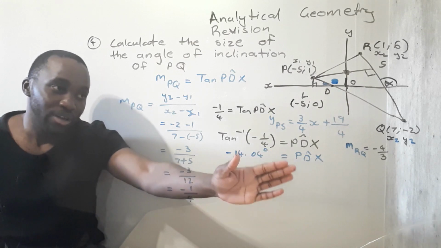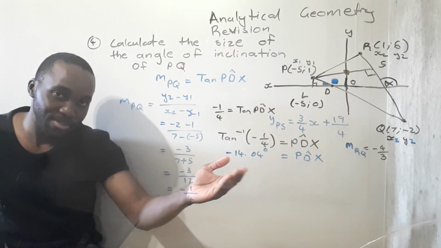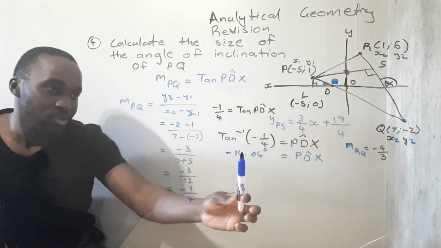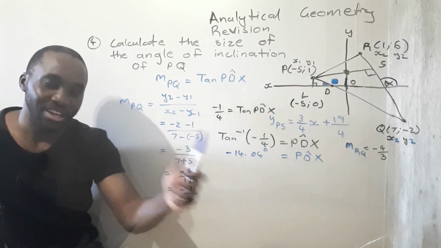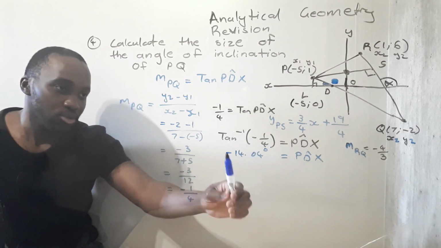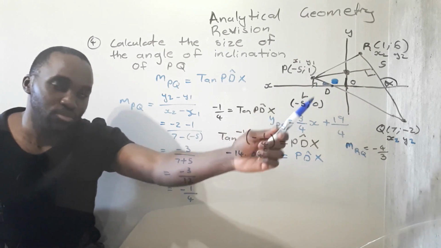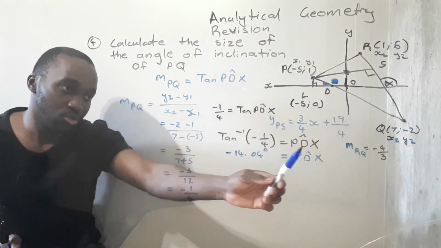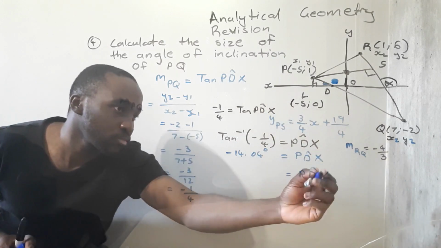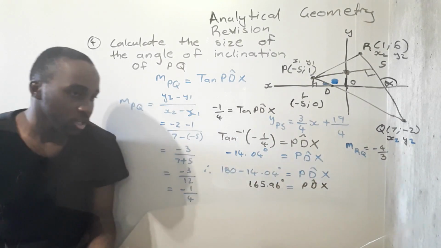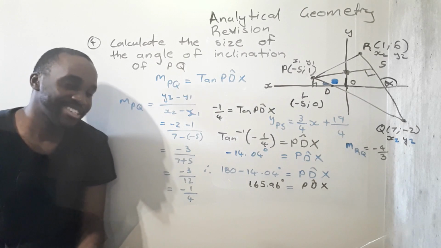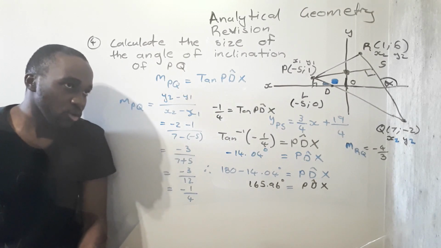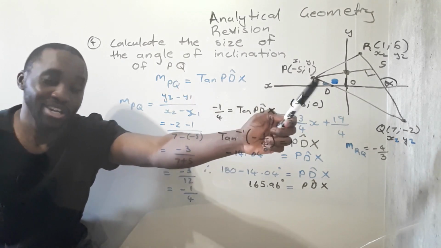And then the moment you have an answer at the end, logically speaking, if you see that you are getting a value that is negative, firstly, and you see that your value is also not an obtuse angle, all you want to do for yourself in a situation like this one is to subtract that value from 180 degrees, because clearly we have two angles on a straight line here.